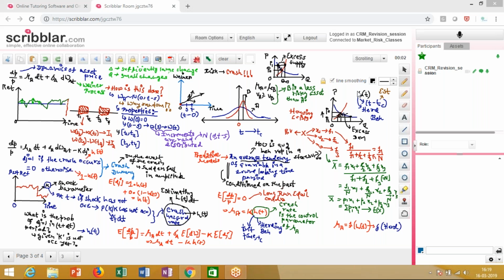The next thing was that this crash rate is driven by the tendency of investors to herd in the market. So the stronger the herding tendency, the higher the mean returns, and the higher the possibilities of a crash. That is something we had seen in the last class.